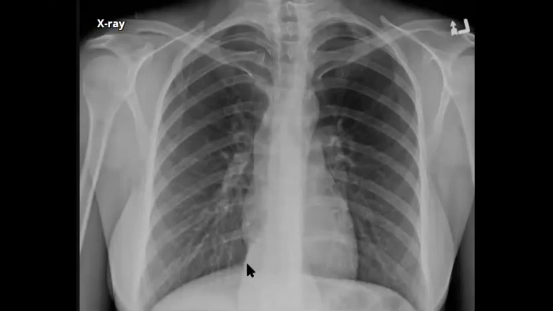Yeah, both and more on the right side. That's good. This gives you an indication of whether it is an anterior mediastinal, middle mediastinal, or posterior mediastinal mass. So posterior mediastinal mass, exactly.